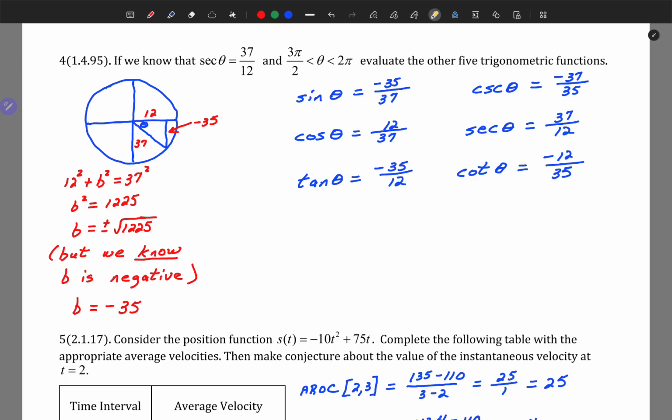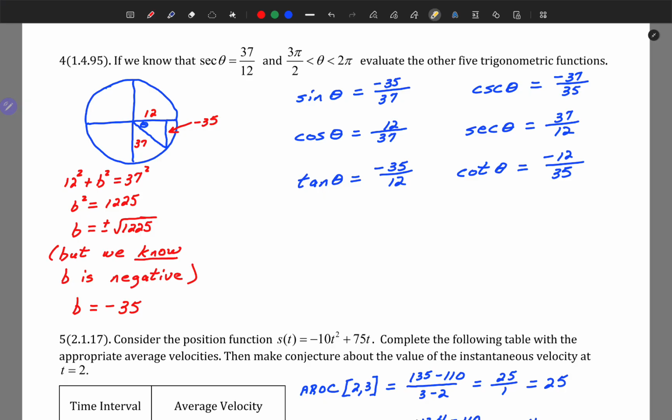Note it's not a unit circle because I have a radial length of 37 on here. So when I drew my triangle, my angle theta always has to be connected to the x-axis. This would be my right angle right here. So the distance from the origin to any point on the circle is always going to be the hypotenuse of the triangle that I draw.